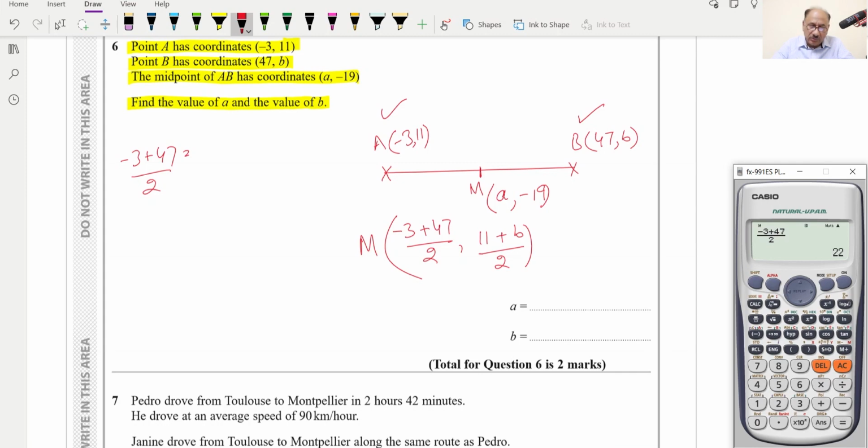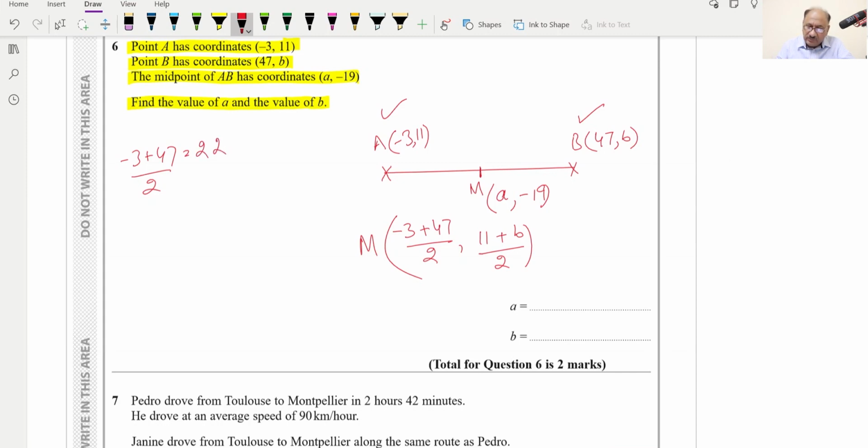So this is 22, which is the x coordinate, which is A. So A is this value which we found as 22.